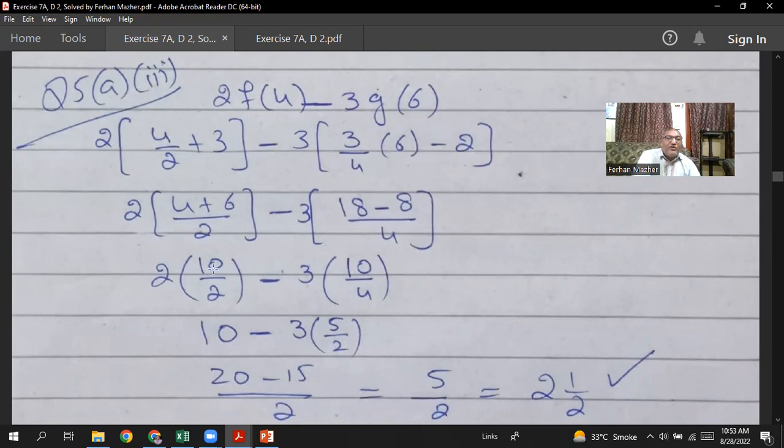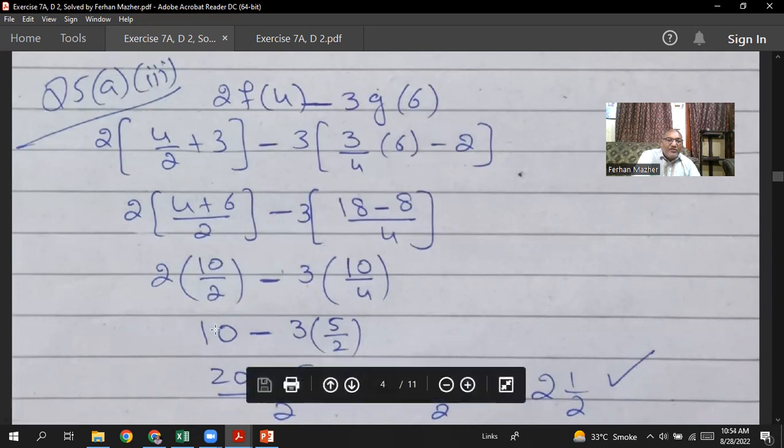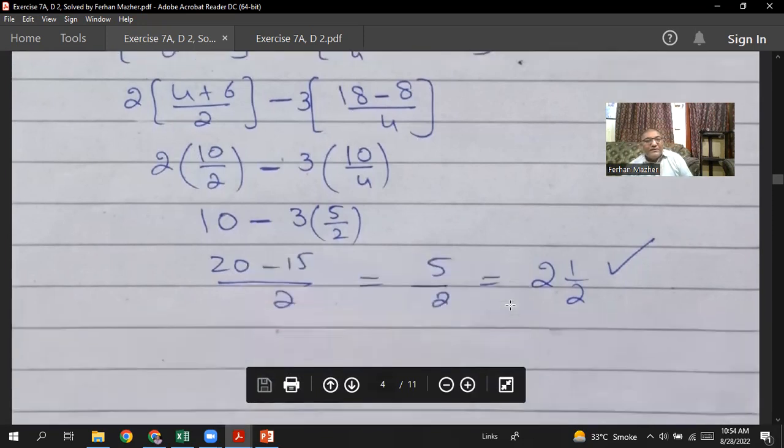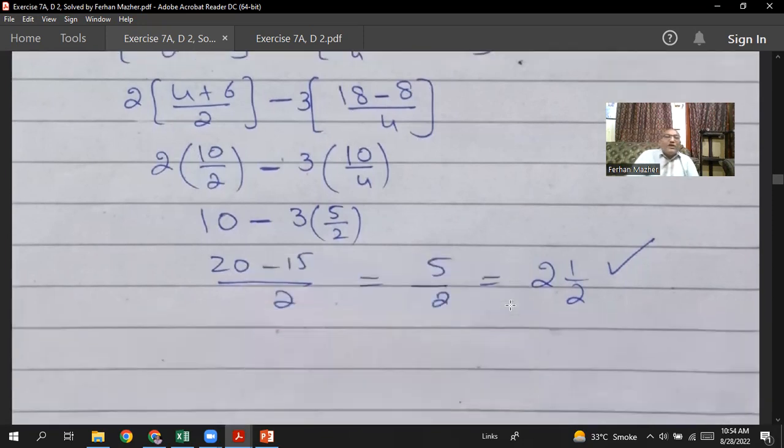So here you will have 2 into 10 by 2 minus 3 into 10 by 4. So 2 cancels. So you will have 10, and then minus 3, and in the bracket you have 10 by 4.